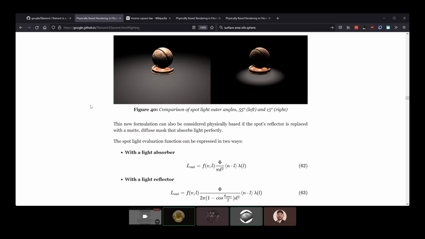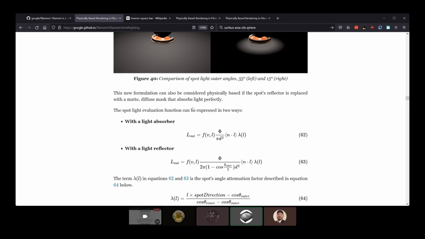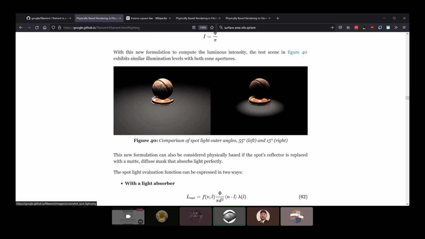I'm going to assume that the formulas they describe basically invert the actual per-point intensity and make it proportional to the outer angle. So as you increase the outer angle, it increases the intensity of the light for you automatically. So it's just changing what parameter you adjust.